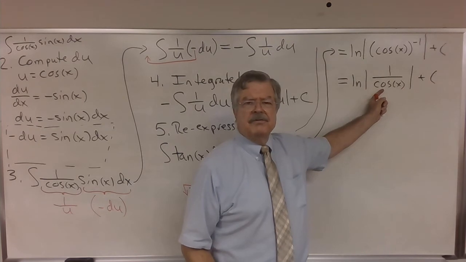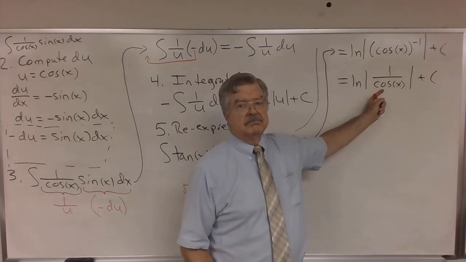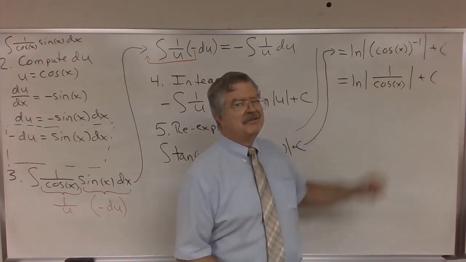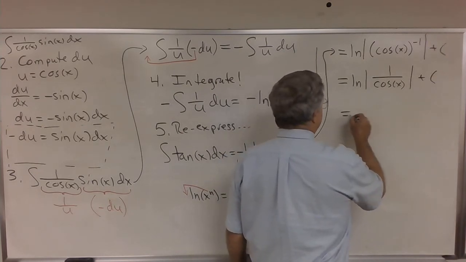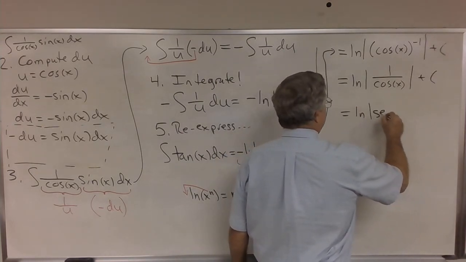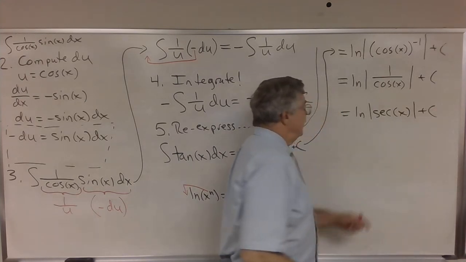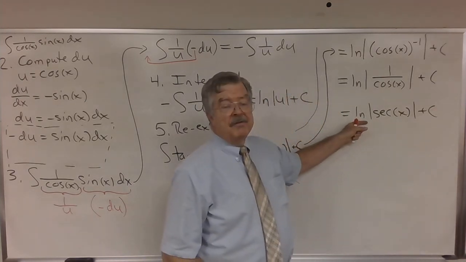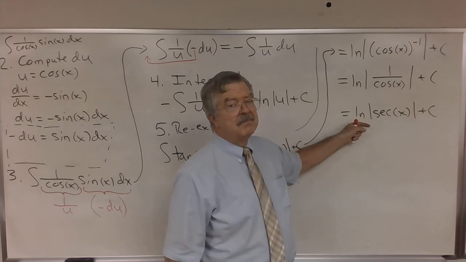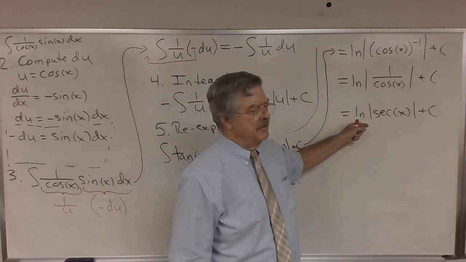What's 1 over cosine of x? Secant, right? This is the form of the integral of tangent x that most texts use.